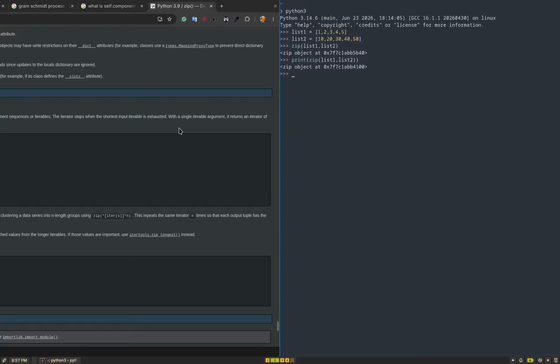Why is it not doing that? So is it an iterable? For t in zip list1 list2, print t. Oh, so it creates an iterable and it creates tuples and it merges them.